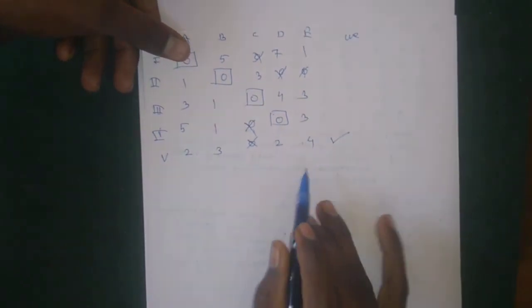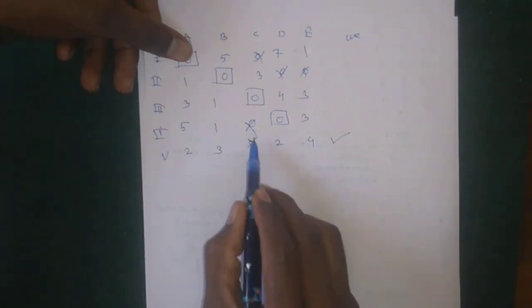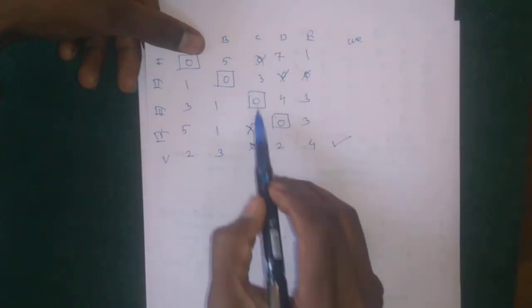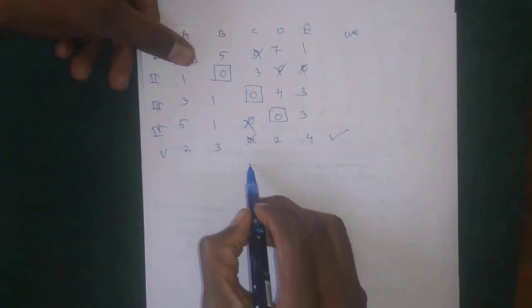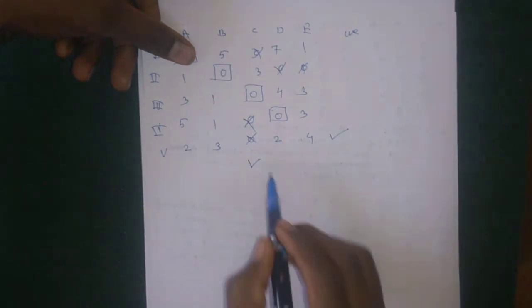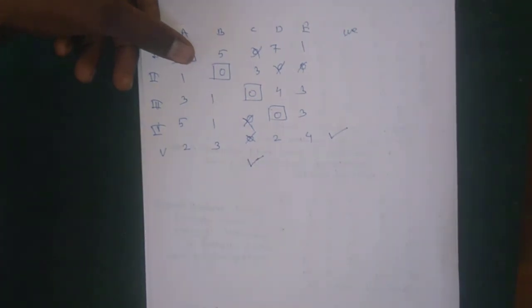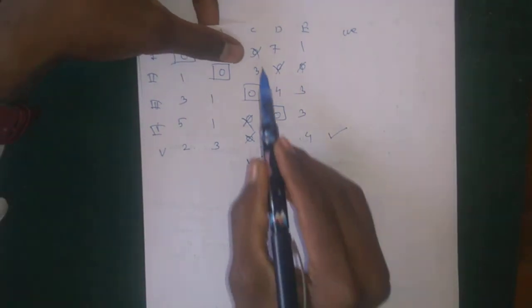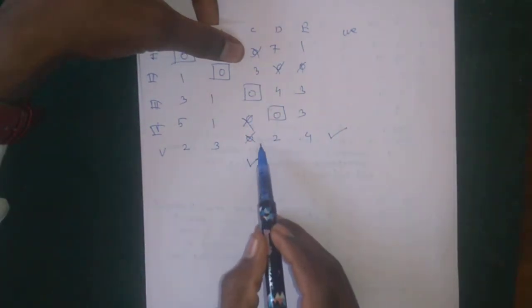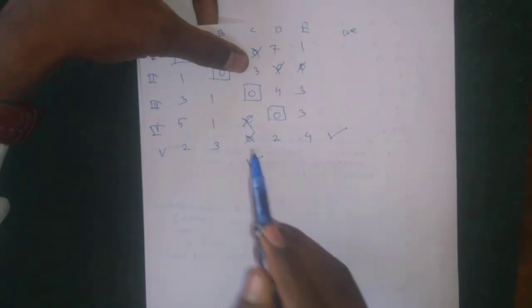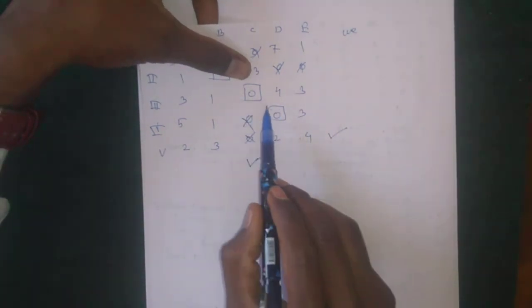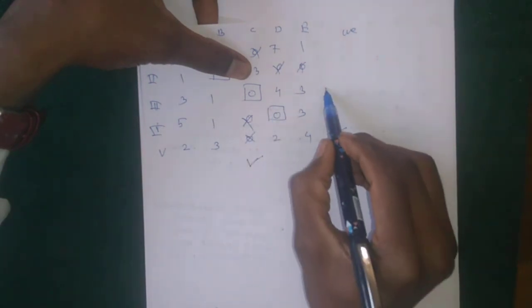Then the zeros lie in between. In the second, zeros are present in the C column, so make a tick on the C column. Then examine that column: in which row is there a zero assignment, then tick the respective row.